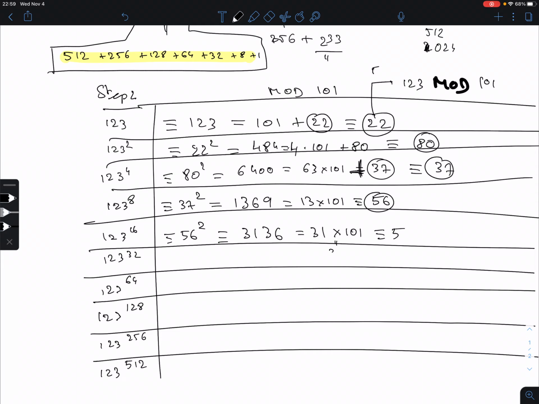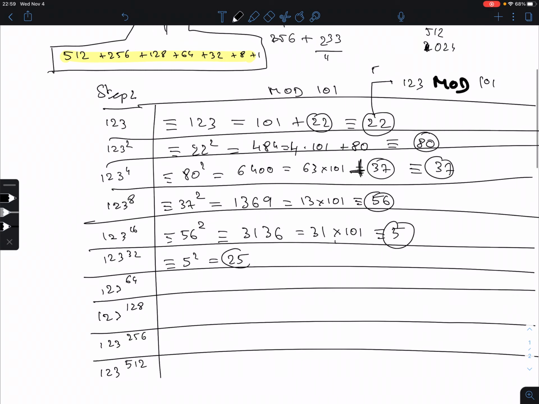It's easy, 101 is actually kind of an easy number to work with, and so what I'm missing is 5, right? So this is 5. I take this 5 and square it. So this is 5 squared, which is just 25, which is already reduced, so no work here. Next one is 25 squared, which is 625.